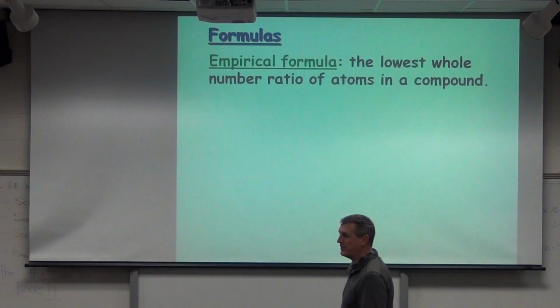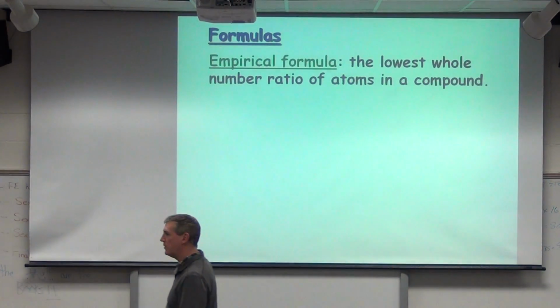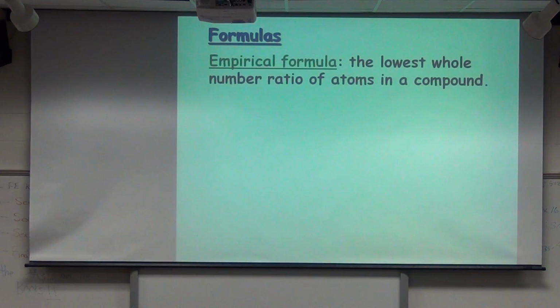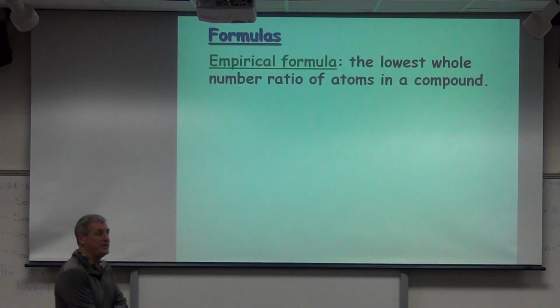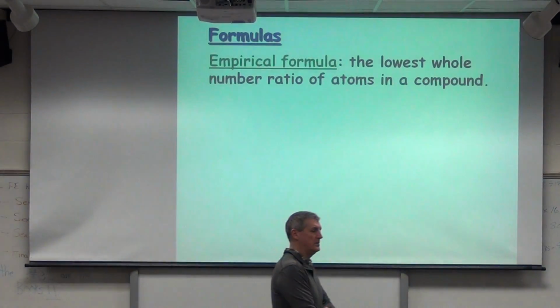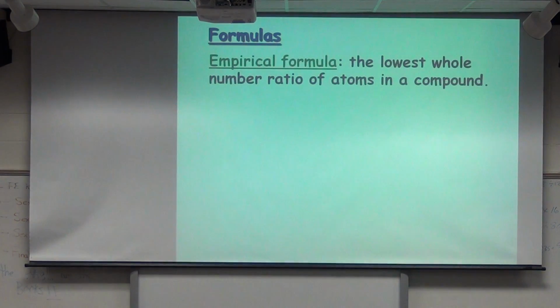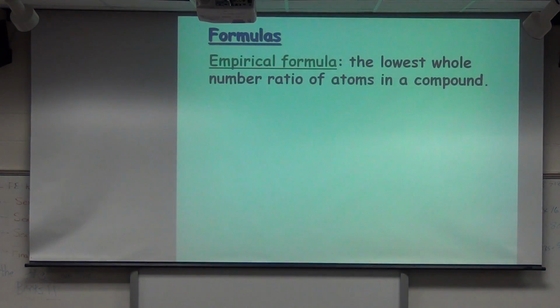Now there's 2 types of formulas we're going to discuss today, the empirical formula and the molecular formula. The empirical formula, at least in terms of chemistry definitions, is the simplest whole number ratio of the atoms in a compound, or the lowest ratio.